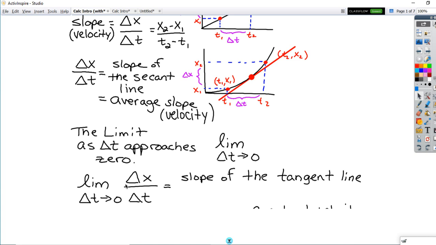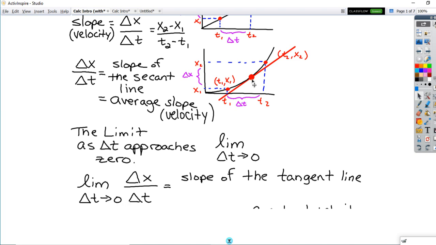So if I write the limit as delta t approaches 0 of delta x divided by delta t, what I'm saying to do is find delta x divided by delta t as we let delta t get closer and closer to 0.